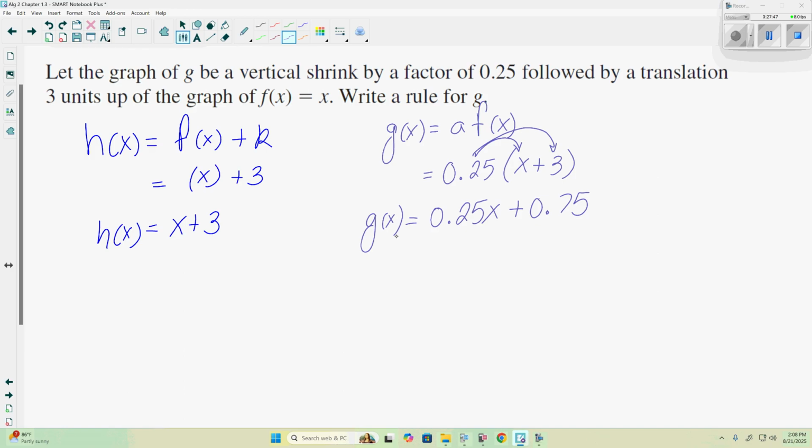So if we do both of them, the order in which we do them changes the equation because they're both interacting with each other. If it had been, say, a horizontal stretch or shrink and then a vertical translation, horizontal is affecting the x values. Vertical translation is affecting the y. They're affecting two different things. They're not going to have an interaction with each other because they're affecting two different parts of the function. Vertical stretch and shrink, vertical translation are both on the y. It's going to change how it affects it.